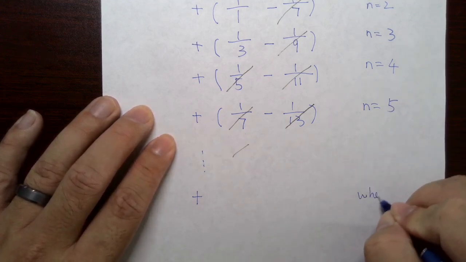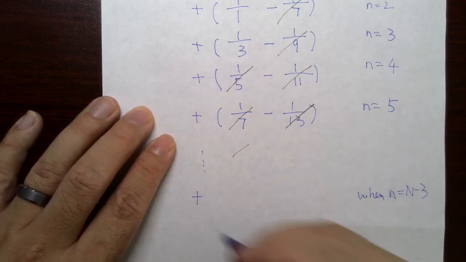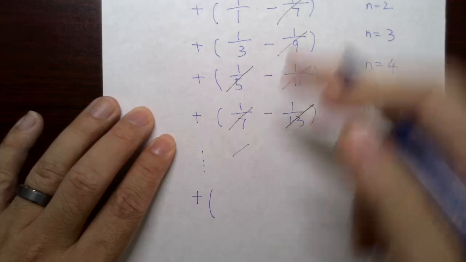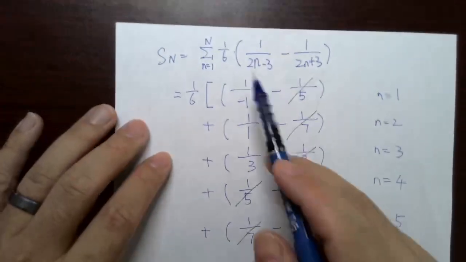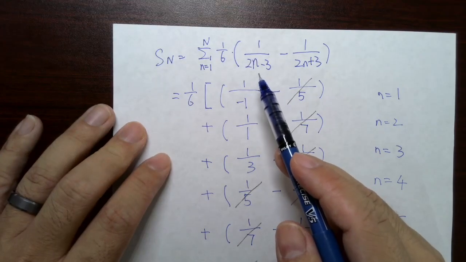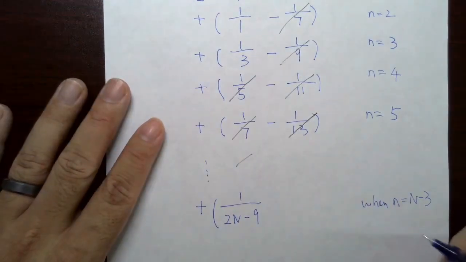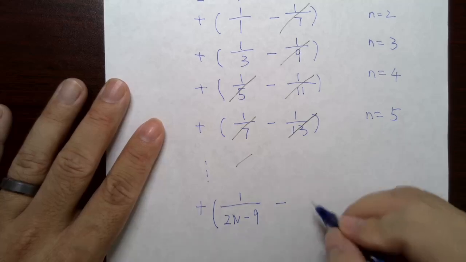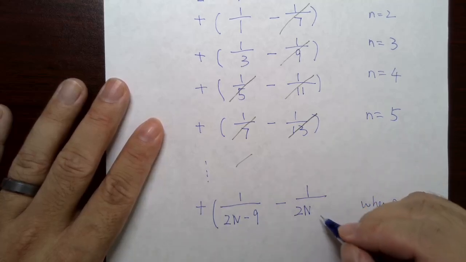So when small n equals capital N minus 3, if I plug in, it's 2 times capital N minus 3, that gives 2N minus 6, and then minus 3, so 2N minus 9, and then minus 1 over 2N, actually it's going to be minus 3.